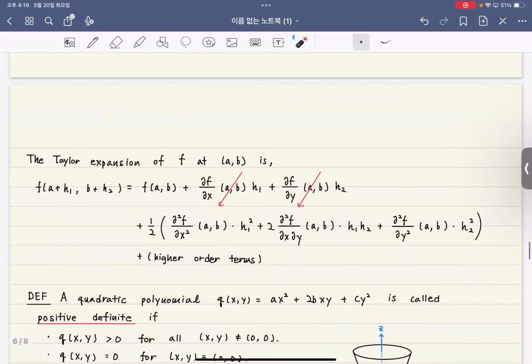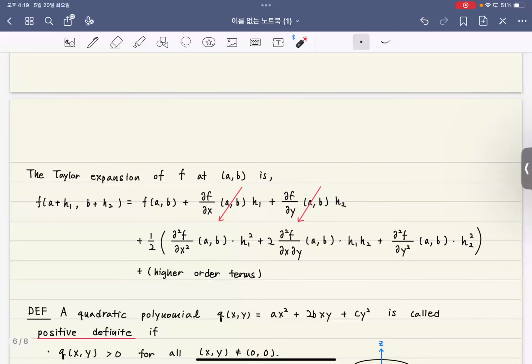So simply speaking, the function behavior near a and b is determined by some constant plus a polynomial of degree 2. This polynomial will be called a quadratic polynomial.